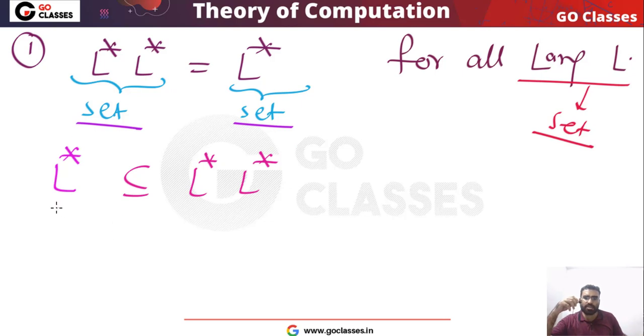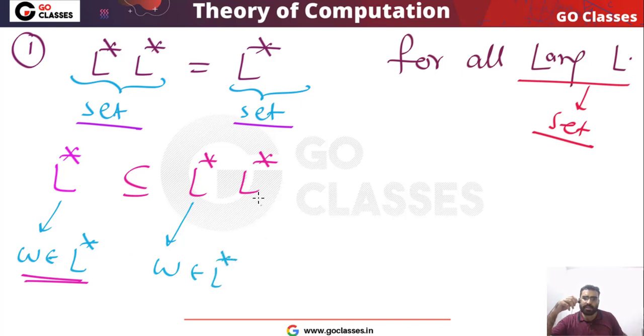If this string belongs to L star, then what will happen? Then you can notice this string also belongs to this, because W belongs to L star, so W belongs to this. So I can say W is here.